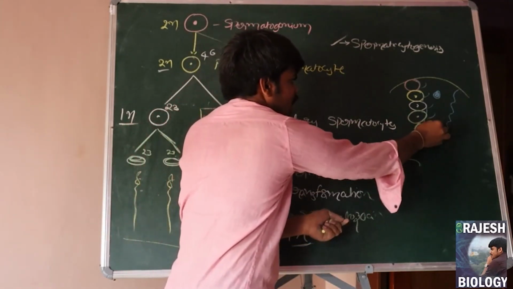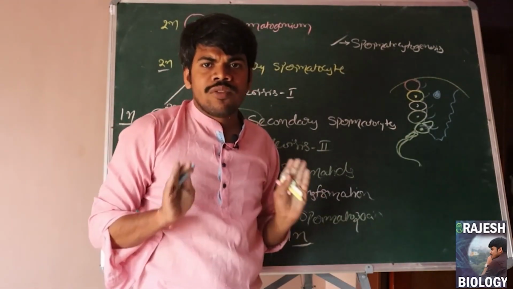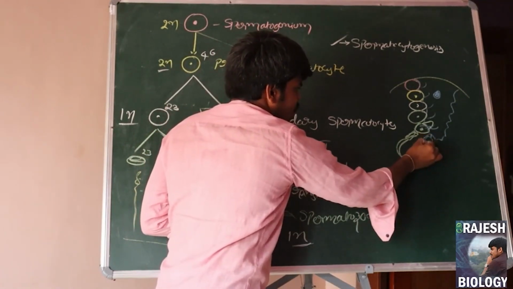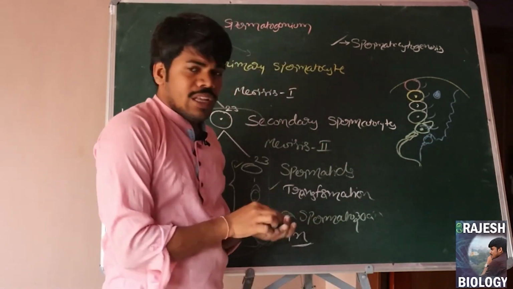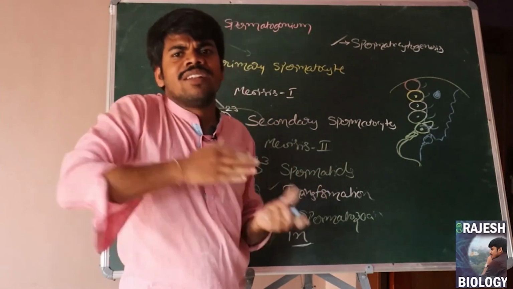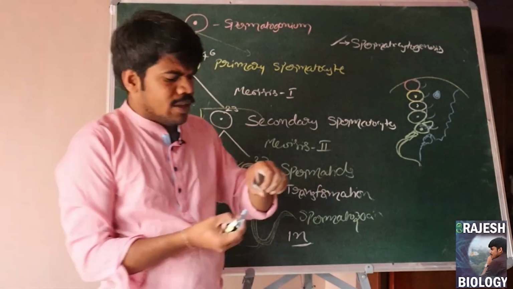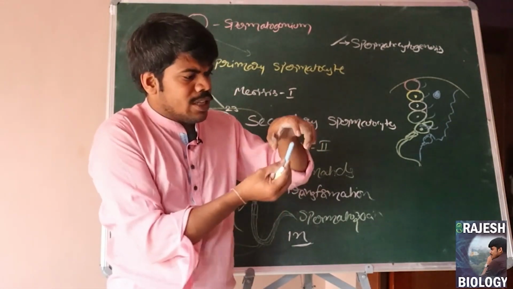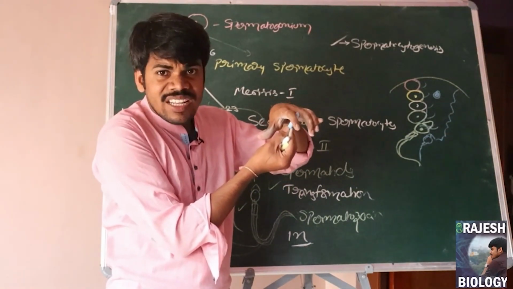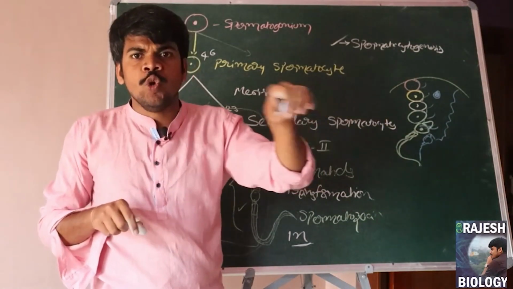After taking a sufficient amount of nourishment, once the sperm cell's stomach is full with the food, it gets released from the Sertoli cell. This release from the Sertoli cell leads to the release from the seminiferous tubules. For example, I am showing this. This is the spermatocyte. It is embedded in the wall of the seminiferous tubule, actually in the Sertoli cell, like this. This, my hand, is the tube.